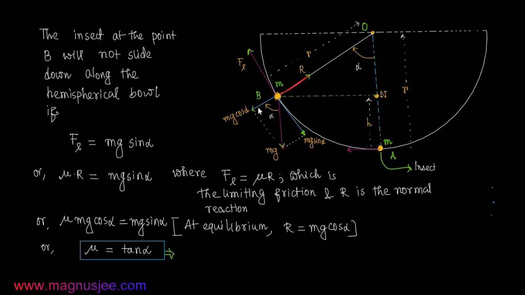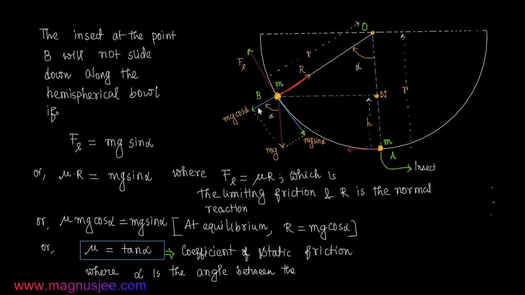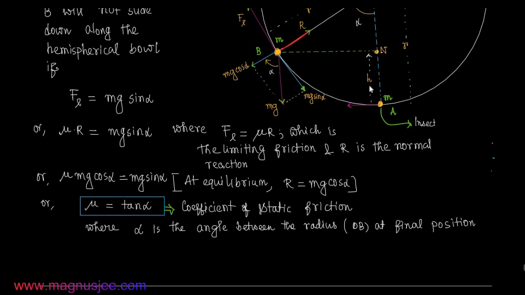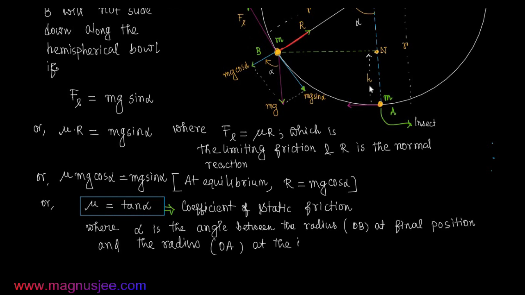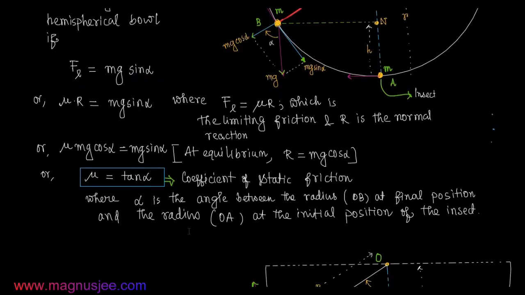Mu is the coefficient of static friction between the insect and the hemispherical bowl. Alpha is the angle between the oblique radius OB at the final position and the vertical radius OA at the initial position of the insect on the hemispherical surface.